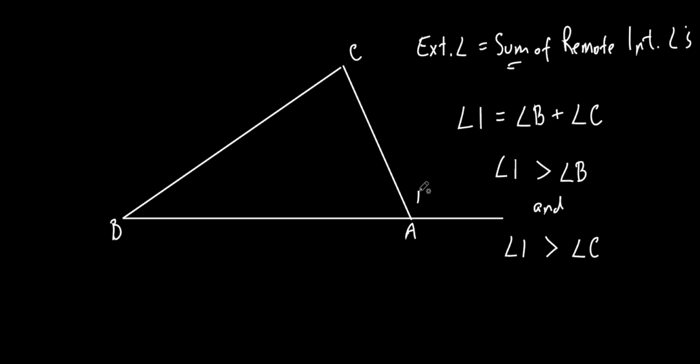So if I asked you to compare angle 1 to angle B, you would say angle 1 is greater than angle B. What if I told you to compare angle 1 to angle C? Angle 1 is greater than angle C. What if I said angle C, I put a blank, and I put angle 1, and I asked you to compare angle C to angle 1?